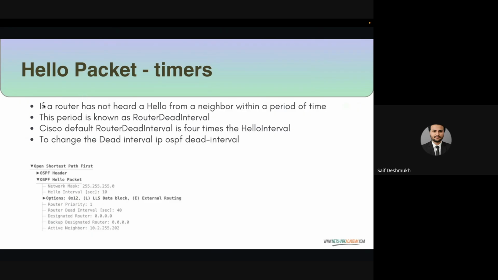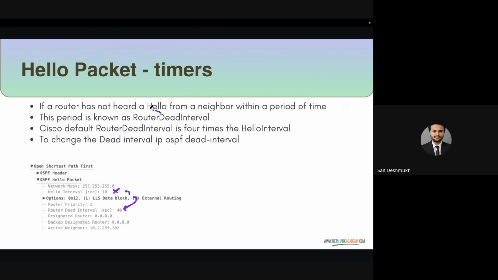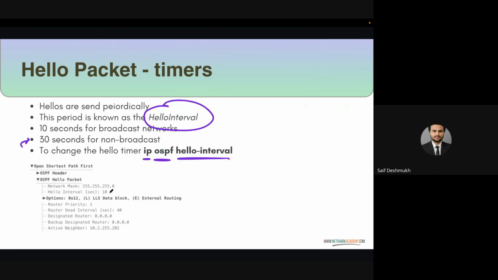We also have a dead interval, by default multiplied by 4. It is shown in the hello packet itself. Based on the RFCs, they are actually called hello interval and router dead interval. So Cisco's router dead interval is 4 times the hello interval. Here it's 40 seconds, and for a non-broadcast network, it's going to be 120 seconds.